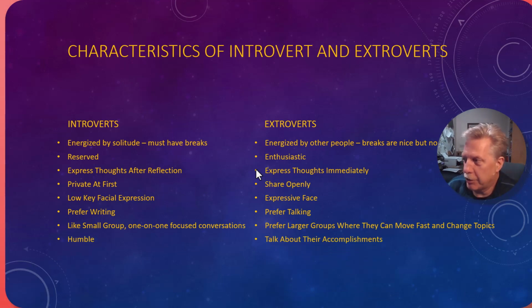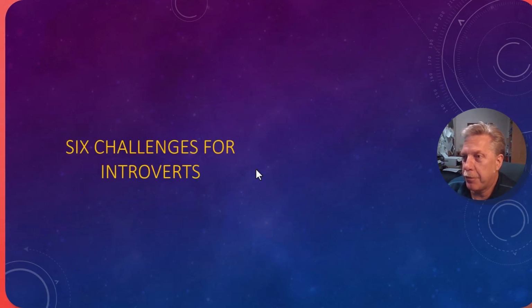An extrovert talks about their accomplishments. An introvert needs time to prepare, while an extrovert will wing it. And an introvert is calm, where an extrovert is excited. So these are some general characteristics of introverts and extroverts. Hopefully this list can help you identify whether you're an introvert or an extrovert.